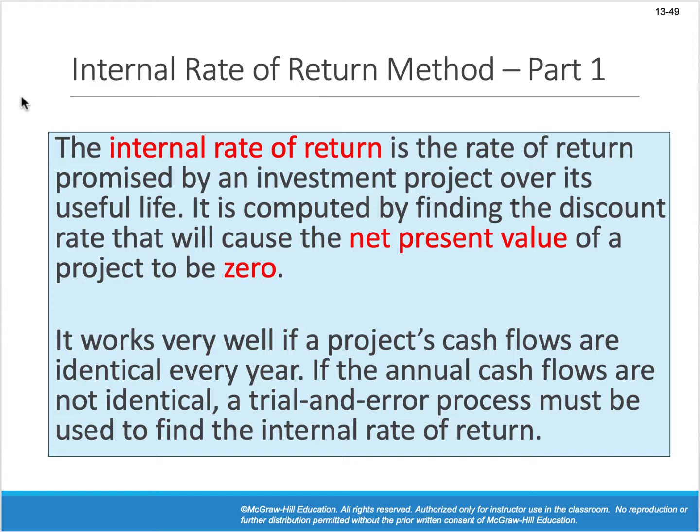Okay, so when we're looking at the internal rate of return, what we're doing is we're trying to determine the discount rate that will result in a net present value of 0. Okay, so this is linked to the net present value method in a sense that this internal rate of return will give us a 0 net present value.